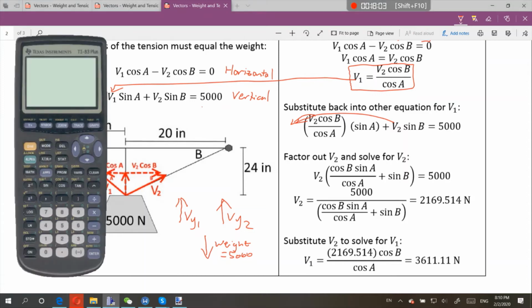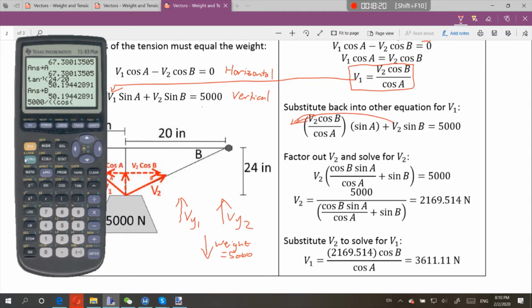If I wanted to type this in the calculator, it would look like this. I want 5,000 divided by... I'm going to put an open parenthesis here because I want to keep all of this part together. I'm going to put another open parenthesis because I want to keep the cosine B and sine A together.